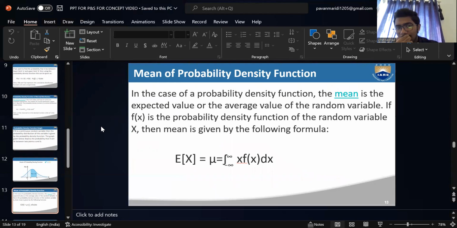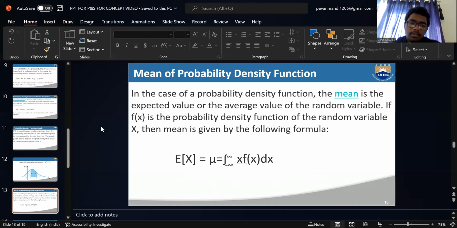Mean of probability density function. In the case of a probability density function, the mean is the expected value or the average value of the random variable.